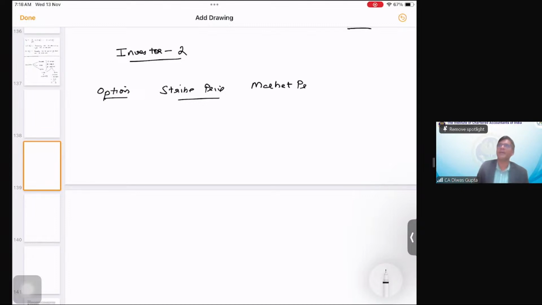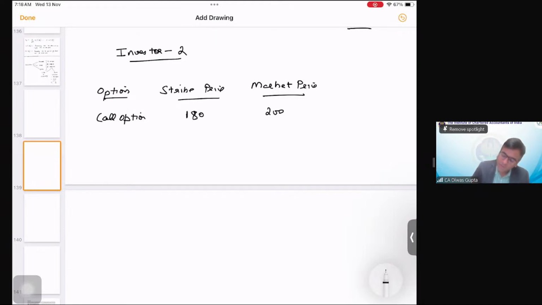And then let's do the comparison. So option is the call option. Strike price 180. Market price 200. Now tell me whether it is out of the money or in the money. In the money, sir.